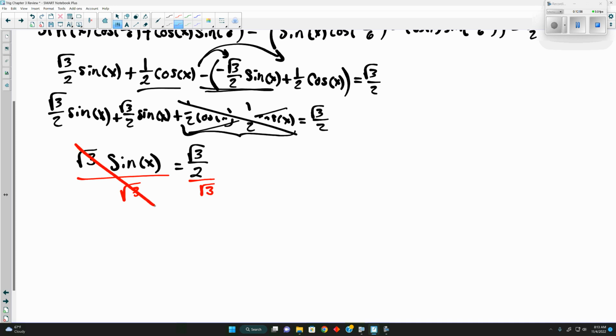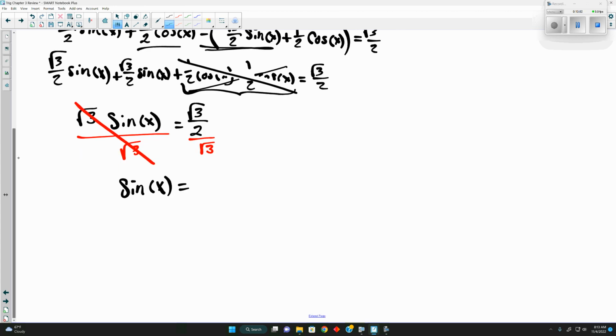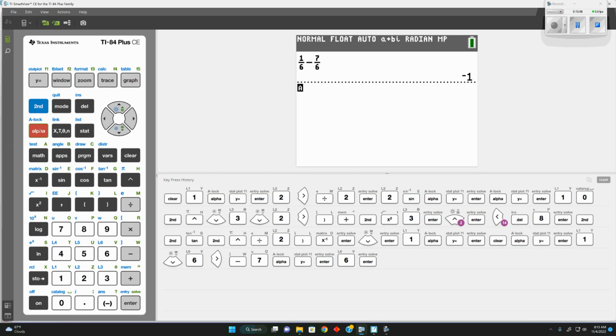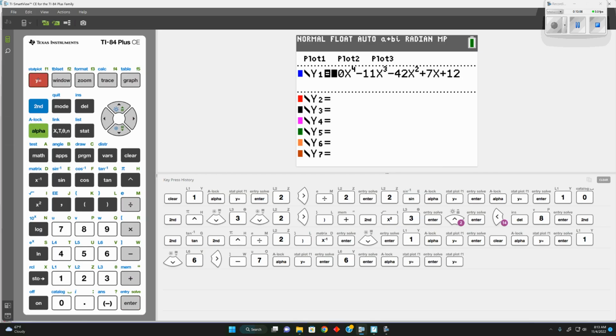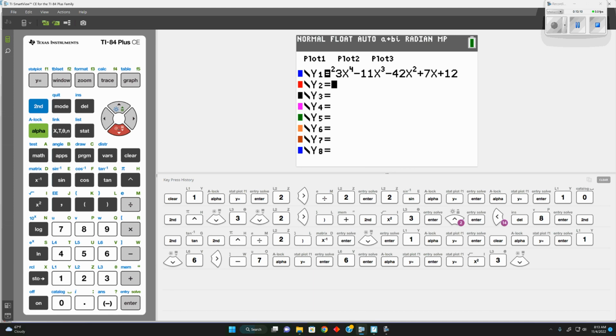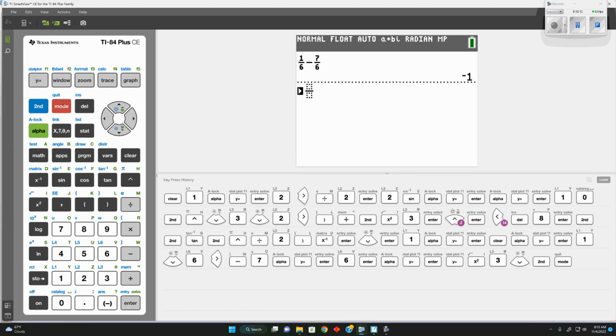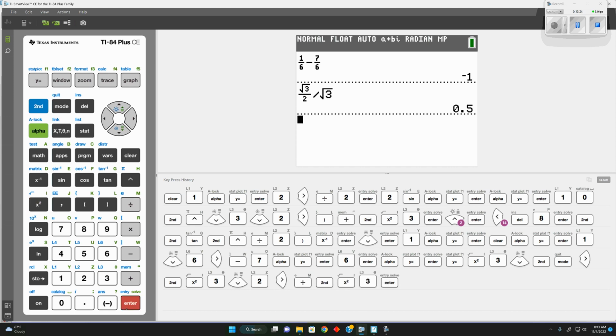These will simplify out. And this here, luckily, the graphing calculator will do this one. Y equals enter. Second square root 3 over, second quit. Second square root 3 over 2, divided by second square root 3 is 1/2.